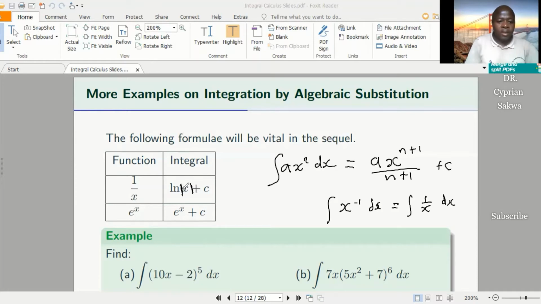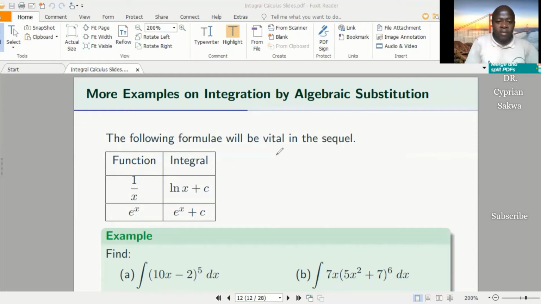It's important that x is placed in these absolute value signs. So if I'm given 1 over x dx to integrate, my answer will be the natural logarithm of the absolute value of x, then I add the constant of integration.